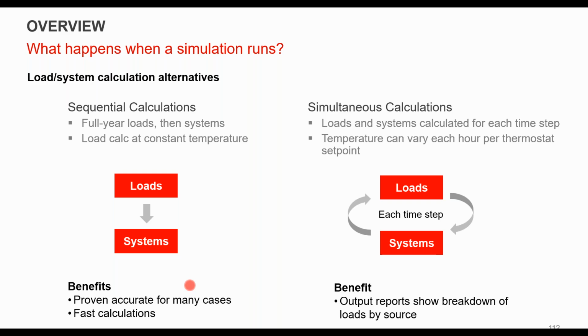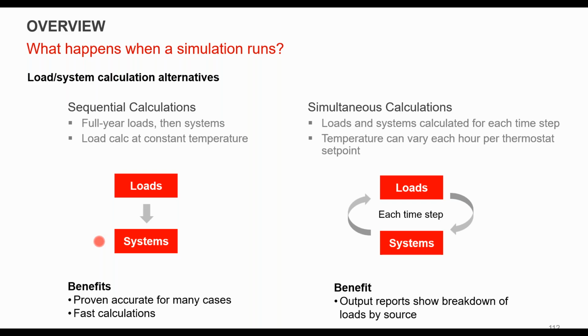Another big variation between the two calculation methodologies is how load and system simulations are completed. For example, in the response factor weighting factor method, using DO2 as an example, the loads are calculated for the full year, 8760, and then that is passed to the system, and the system is run based on those results from your 8760.